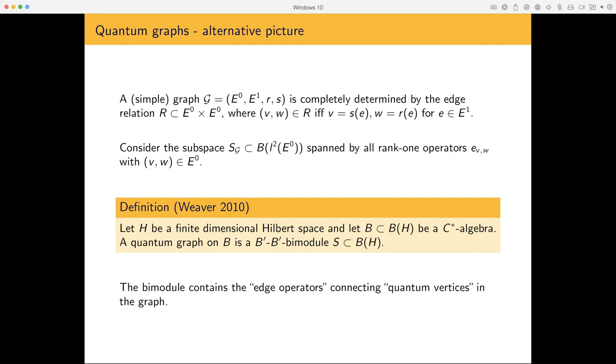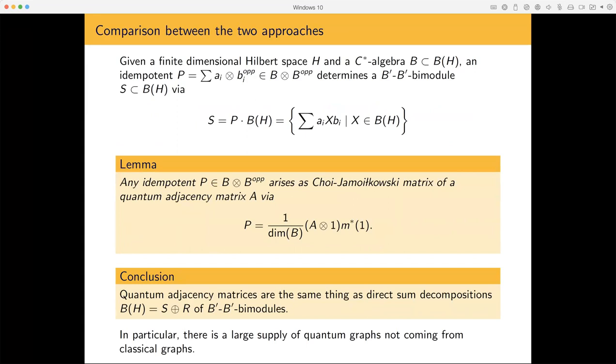Anyway, I don't want to dwell too long on this, just to say that there is a comparison between these two approaches, and they are basically equivalent. This slide very quickly tells you how you pass from one picture to the other. One has to be a bit careful with the precise setup of what kind of graphs or quantum graphs one wants to consider.